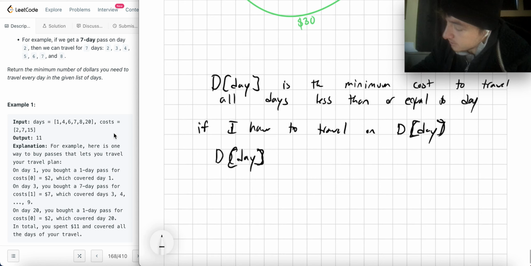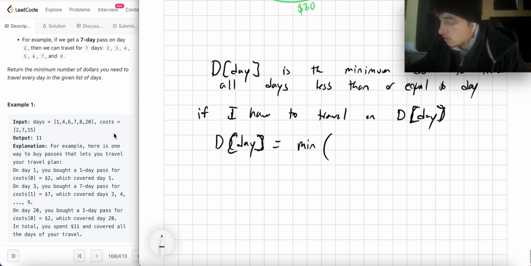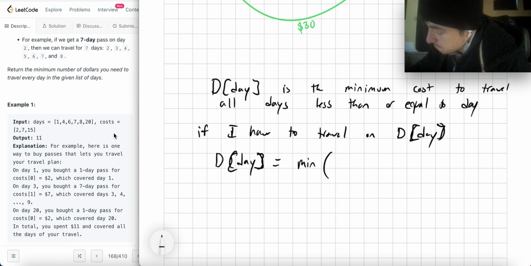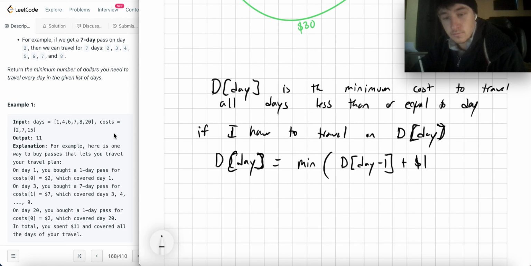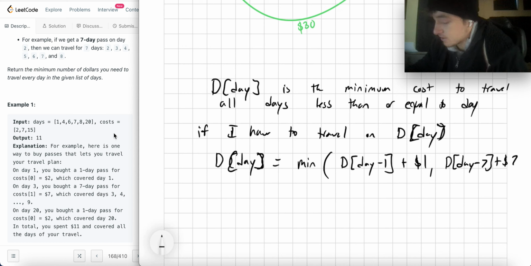If I have to travel on D-Day, well then it's just the minimum of, well, what are the edges going into each node? Well, I can either go to the previous day, so whatever the minimum cost is to the previous day, but I have to use this day pass, right? I could do a 7-day pass, but then I have to spend whatever the cost is for that.